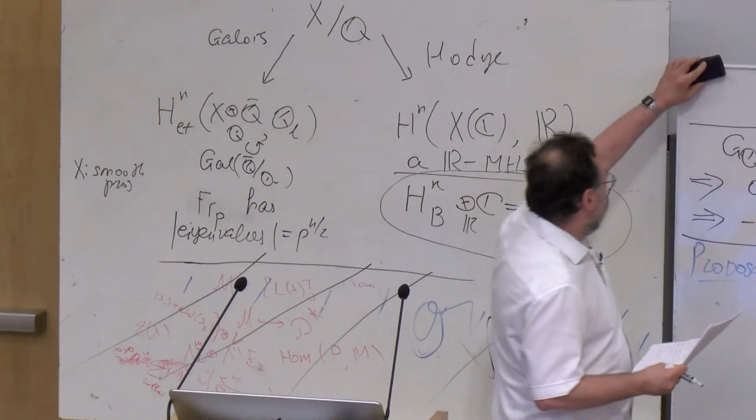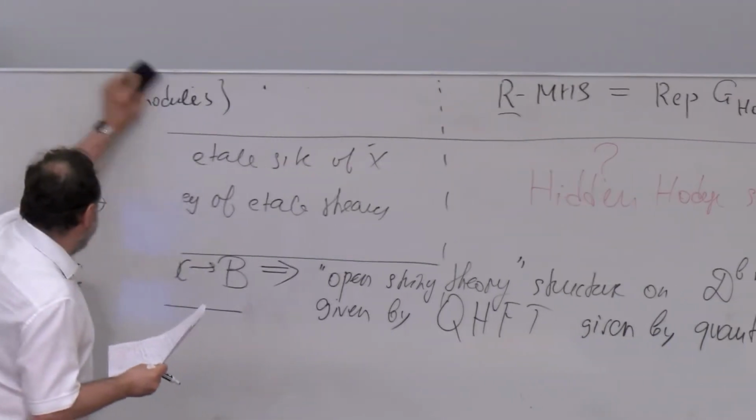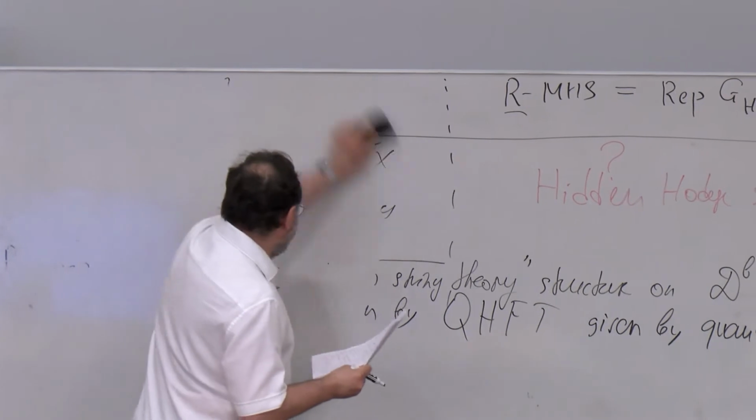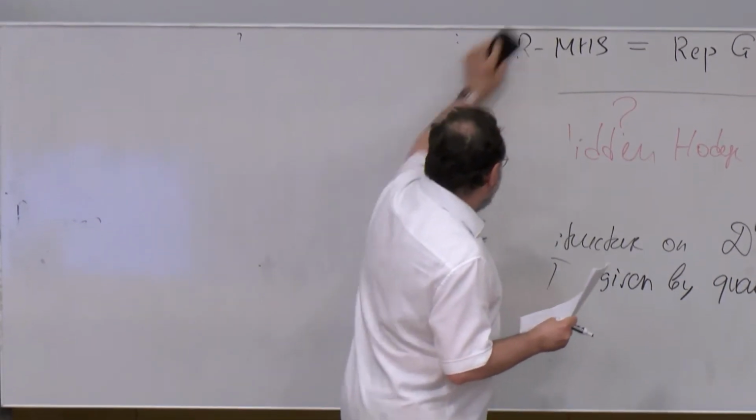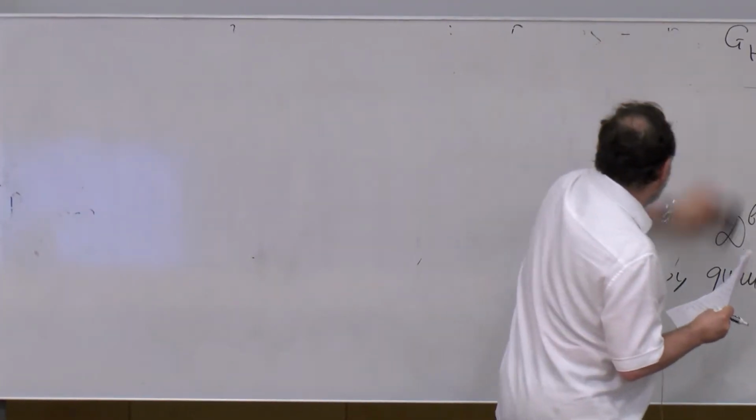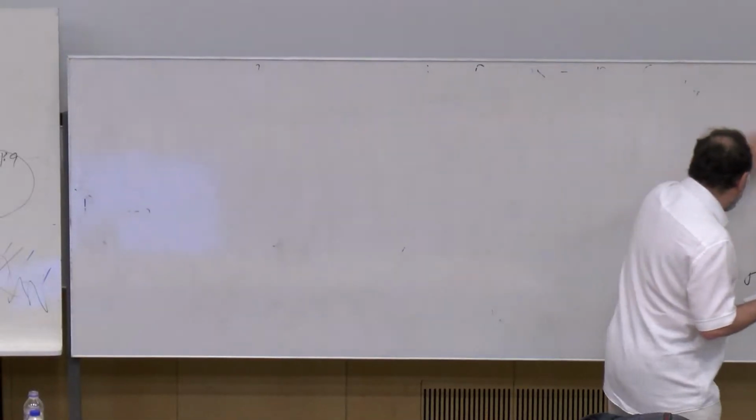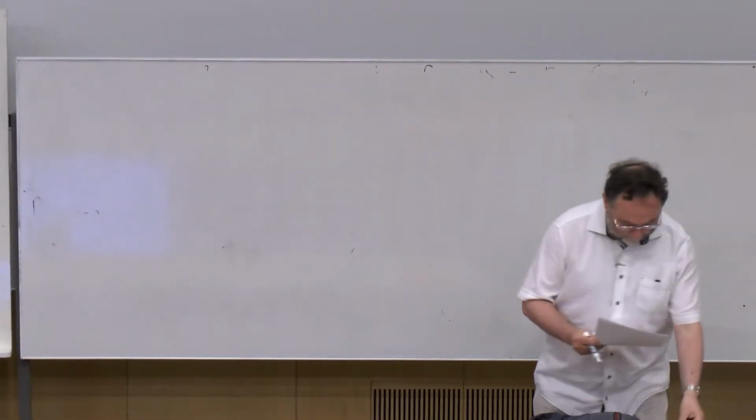Okay. Now, starting from any Calabi-Yau category, we can define the main algebraic object which governs the game, which is some DG Lie algebra. So let me define it.